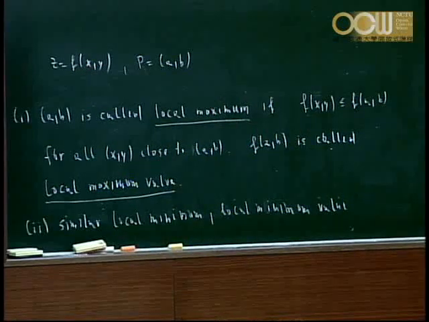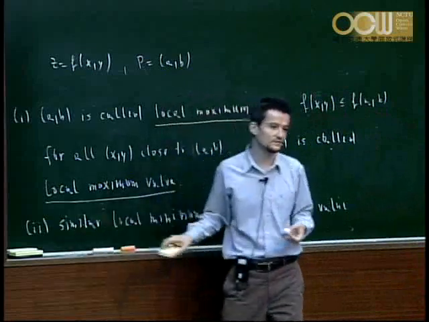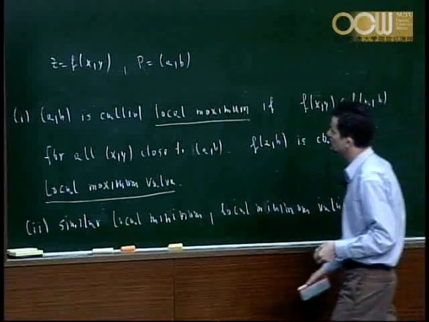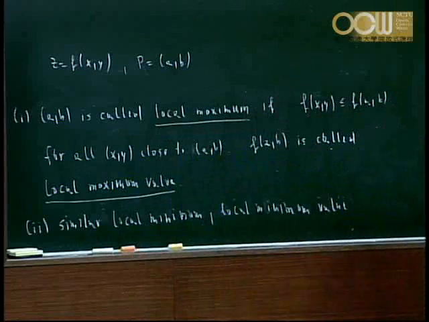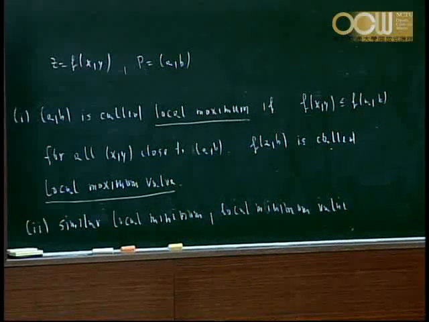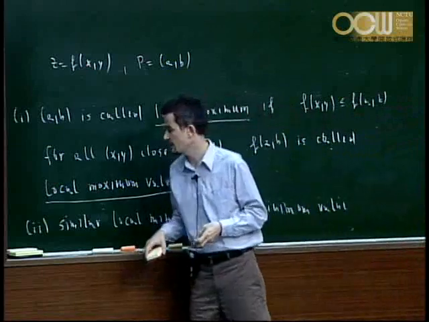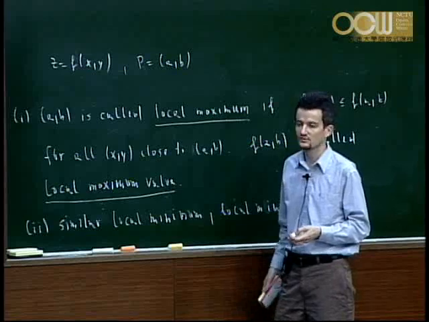So this is completely similar to what we have done last semester. We also call local maximum and local minimum local extrema, and absolute maximum and absolute minimum absolute extrema. And these values we call local extreme values and absolute extreme values.